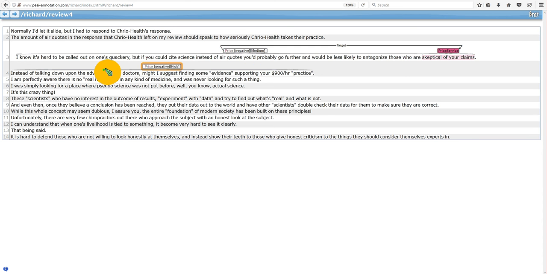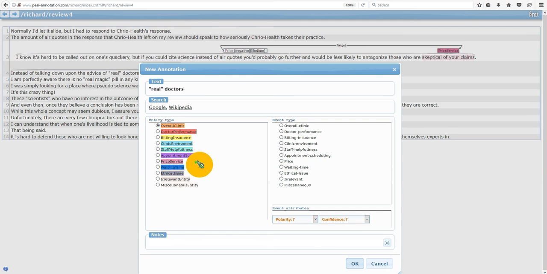Here, with a quotation mark, "real doctor," I already have some feeling, but I really don't know what it really belongs to, so I put it under miscellaneous.